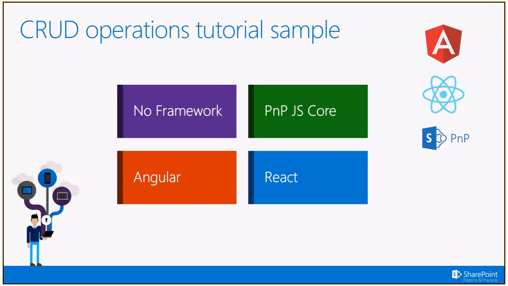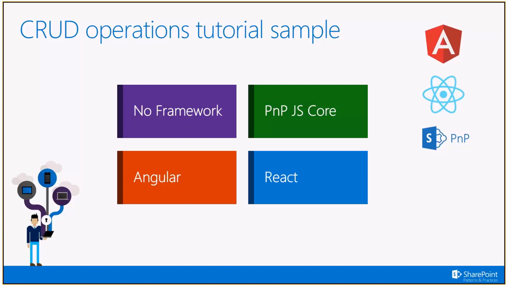We have 4 different web parts in the solution. One of them is not using any framework, so it's essentially using the native SharePoint Framework capabilities. One of them is using Angular, one of them is using React, and the 4th one is using the PnP JavaScript Core library, which is a super interesting library as well, helping you access SharePoint data using a fluent API model.